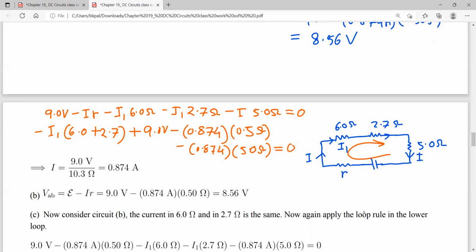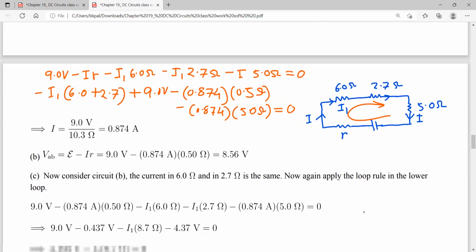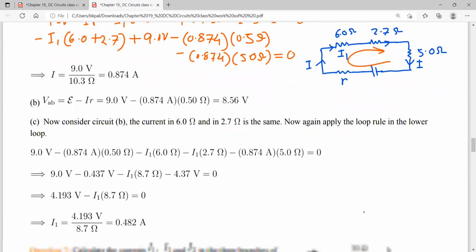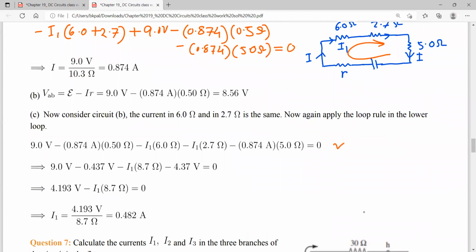So you can easily solve this equation for I1. All are numerical values except I1. If you solve this, here I did it, you get something like this.